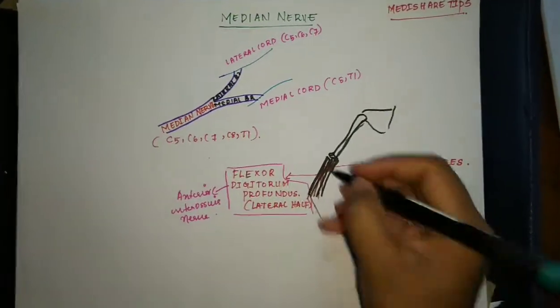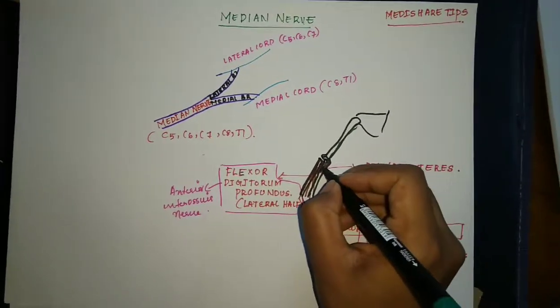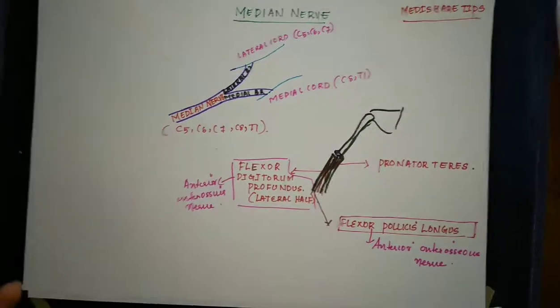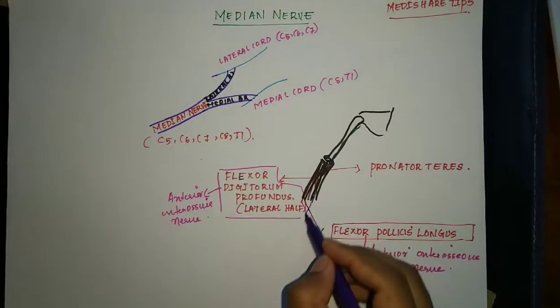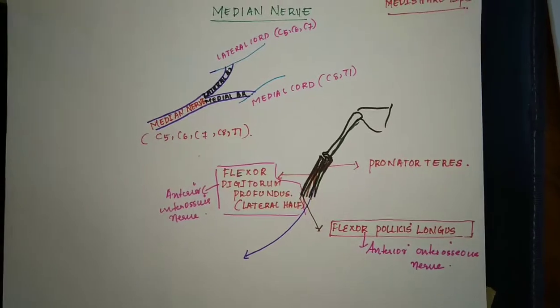Now, the main nerve, that is the median nerve, supplies the rest of the flexor muscles.